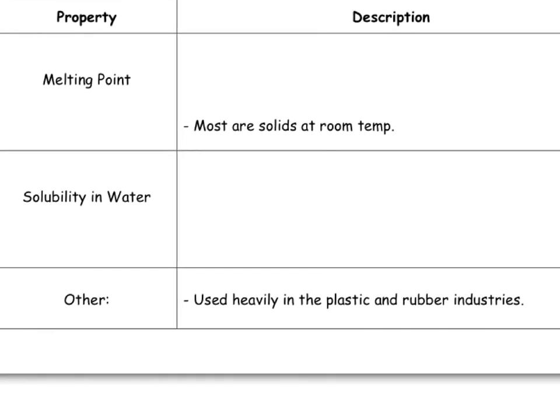Properties of amides. Depending on which classification of amide you have, the melting point and solubility has a range. If you have a primary amide, then your molecule can make 2 hydrogen bonds and 1 dipole-dipole.